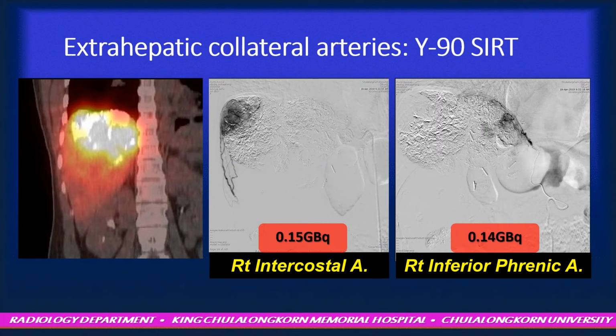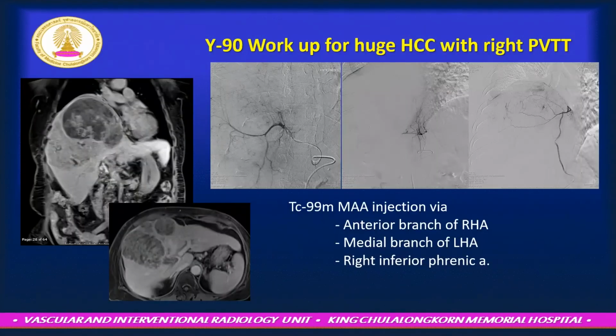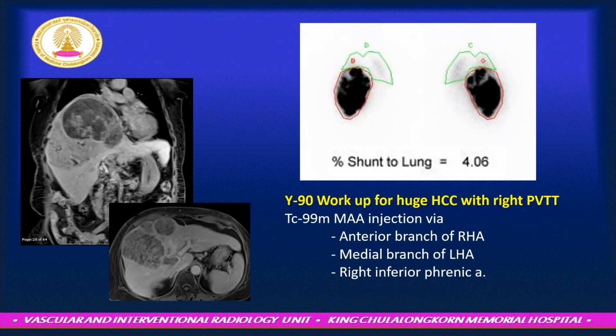In this case, the patient has a huge liver tumor presenting with dyspnea due to compressive lung atelectasis. On angiogram for Y90 workup in this patient, we delivered technetium-99m MAA via the anterior branch of the right hepatic artery, the medial branch of the left hepatic artery, and also the right inferior phrenic artery. The lung shunt in this patient was about 4%, so we planned to treat all branches with radioembolization.